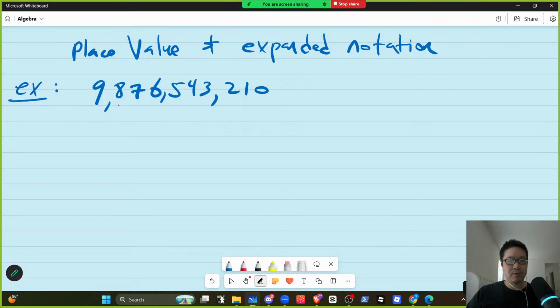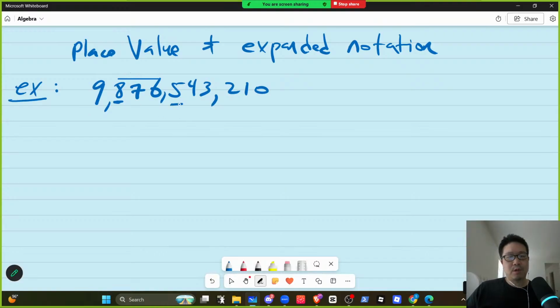What place value is this number? 8. 100 billion. Okay, actually, no, 100 million. Yeah, million, because these three right here are in the million section.